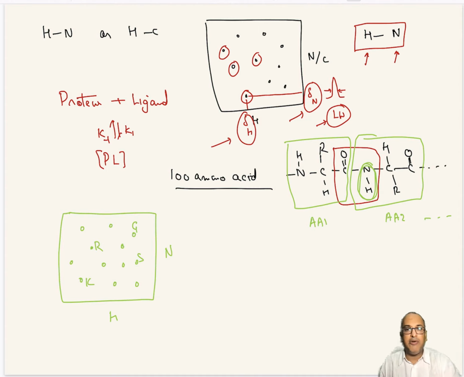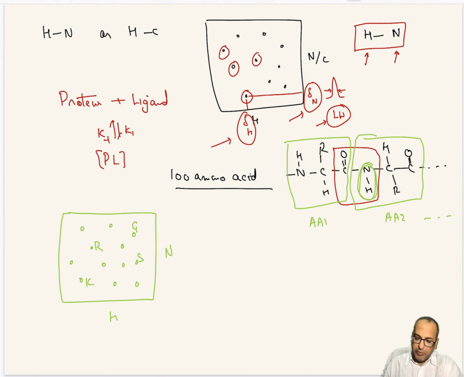We have no idea which peak belongs to what. So how to solve this problem? This is an important problem because unless we know which peak belongs to which NH, we don't know what type of structural perturbation is happening at what amino acid. So it will basically be a useless experiment unless we know the signature of all of these peaks.